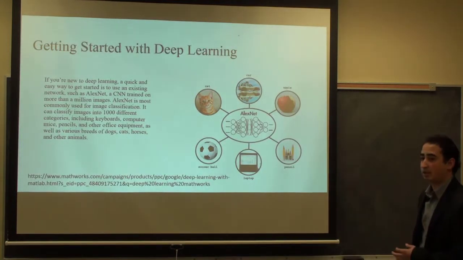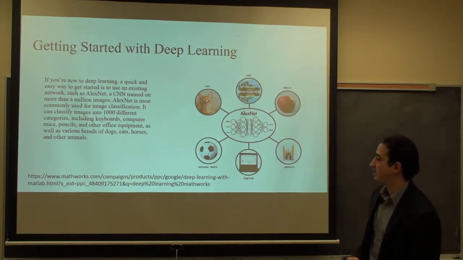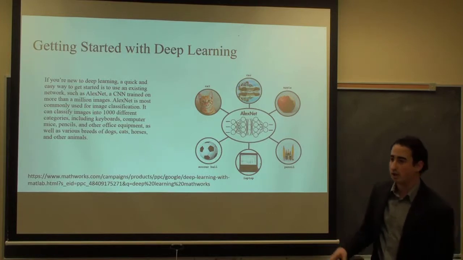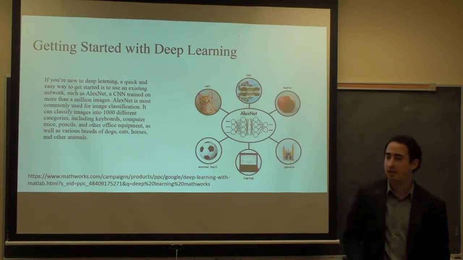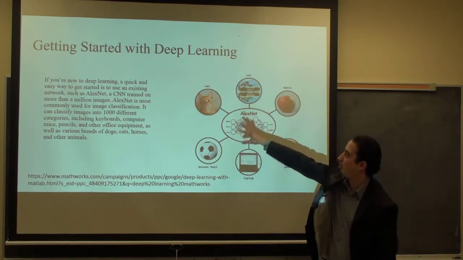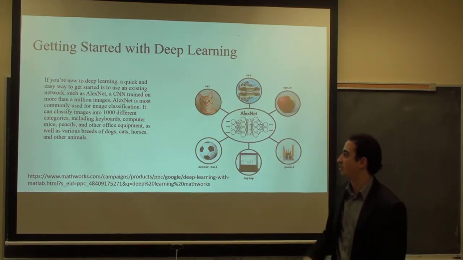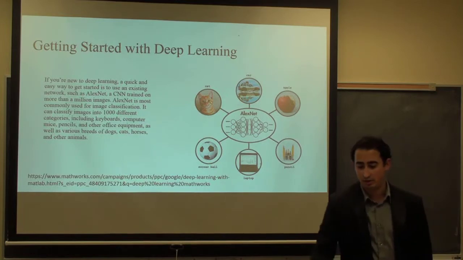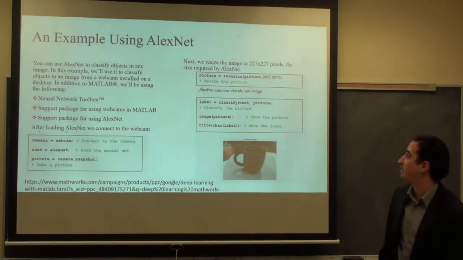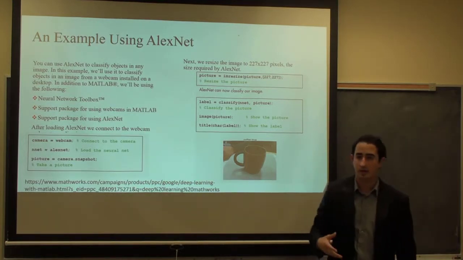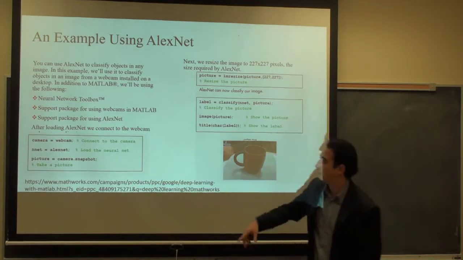So here, as I talked about just a minute ago, it's AlexNet. AlexNet is a pretrained neural network that has already been trained on a lot of data. You see over here, all of this has been trained on AlexNet, and they say it's 1,000 different categories. Let's see a real example on AlexNet. Here, they want to do it in real time, so they call in a camera.